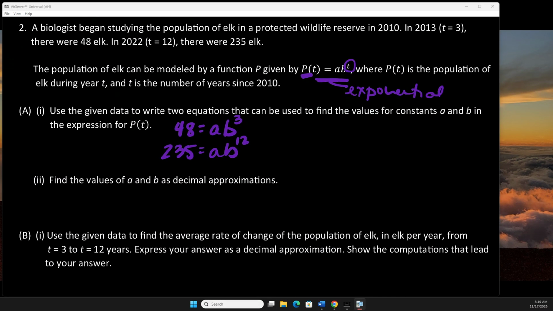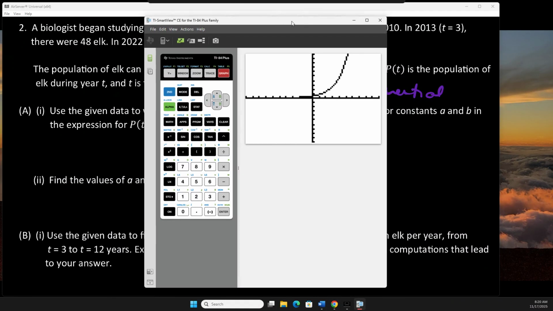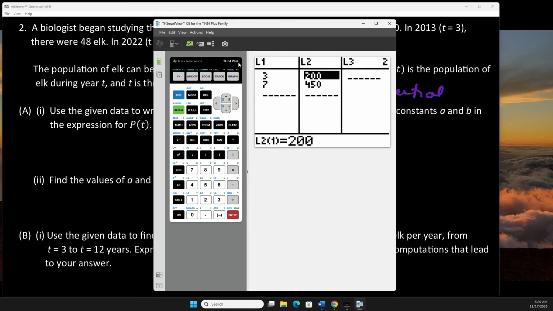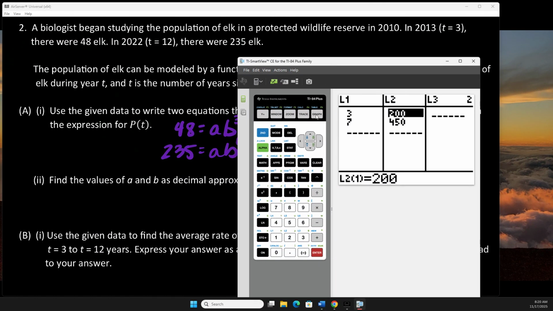All right, and then for part 2, we're going to find the values of a and b as decimal approximations. Whenever the exponential model looks like this one, where it's just a times b raised to the t, we can use our calculator to find it by going to stat and then edit.